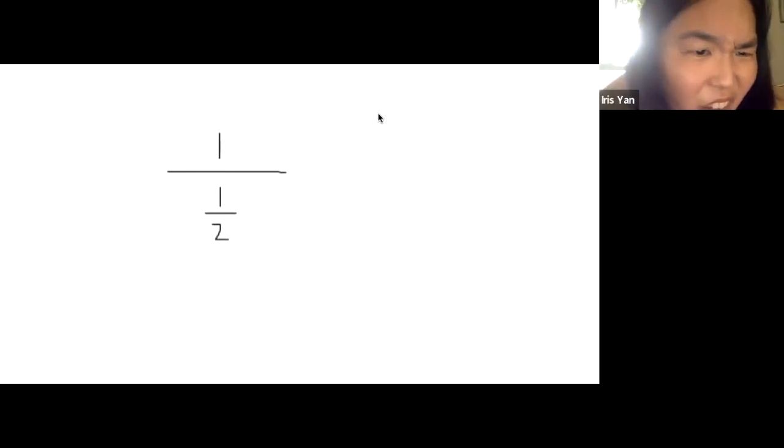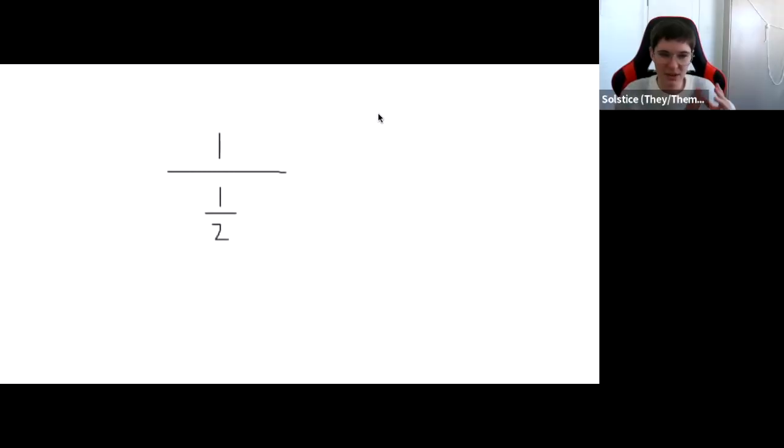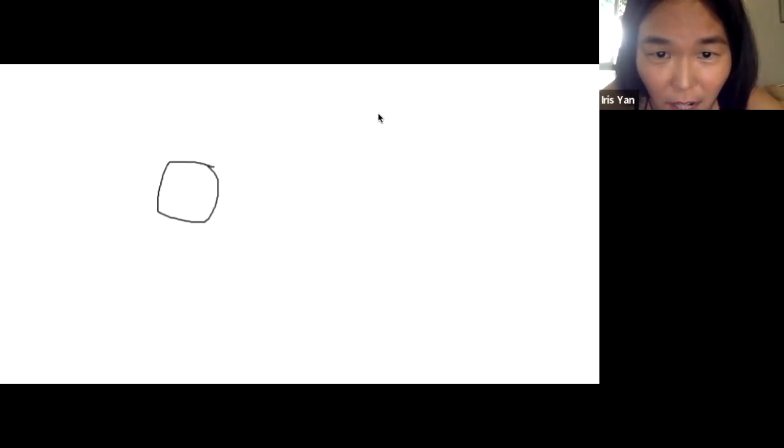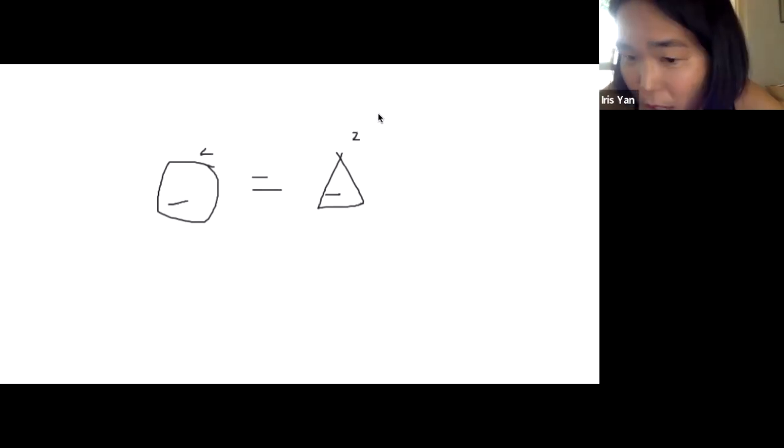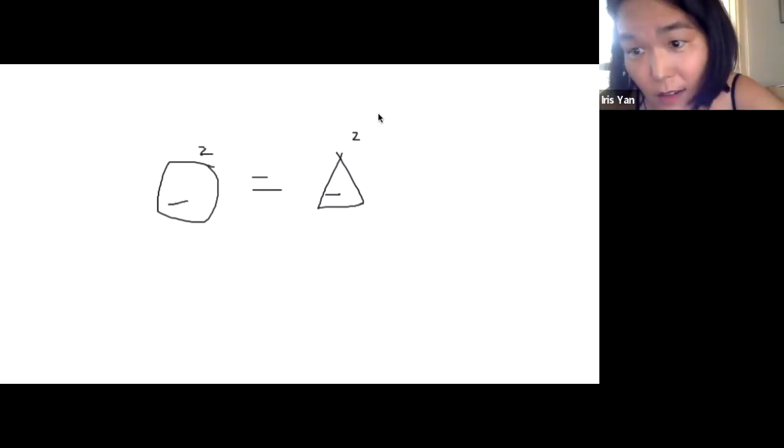And everything you do on the right side of the equation, you have to do on the left side of the equation. That's a shortcut, right? If you have this guy equals this guy, and you draw a line here, you have to draw a line here. If you square him up, you got to square him up too. Whatever you do on the left, because they started the same, you have to do the same thing on the other side.